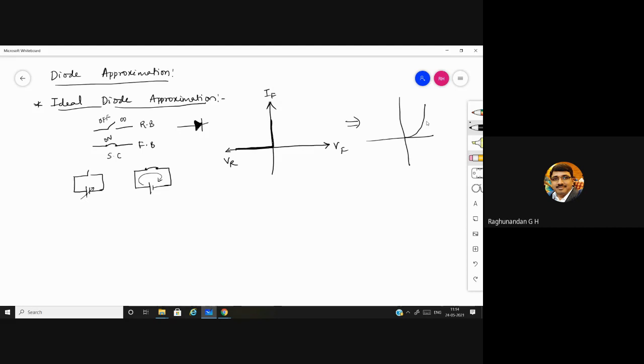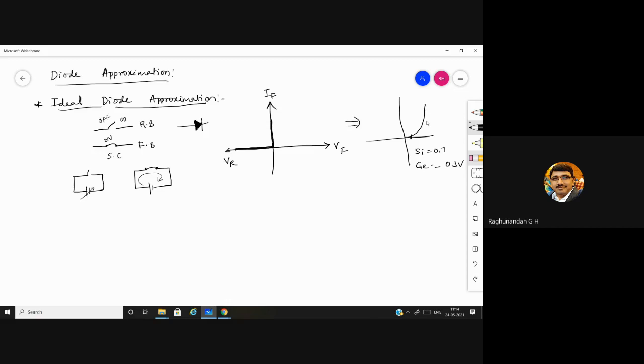Then they came to know that yes, the diode is not going to conduct with a small amount of forward voltage. It takes some amount of forward voltage, and after that it starts increasing. After looking into the silicon and germanium diode VI characteristics, they came to know that silicon offers 0.7 volt and germanium offers 0.3 volt.